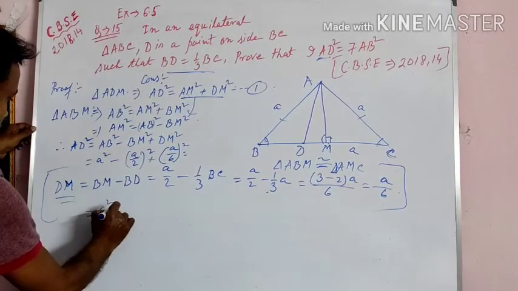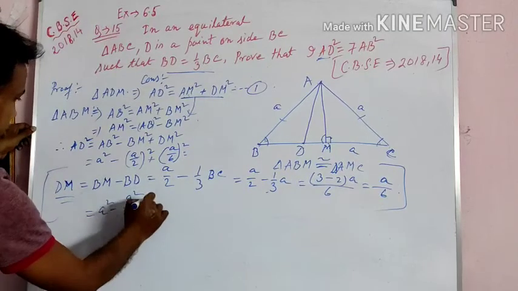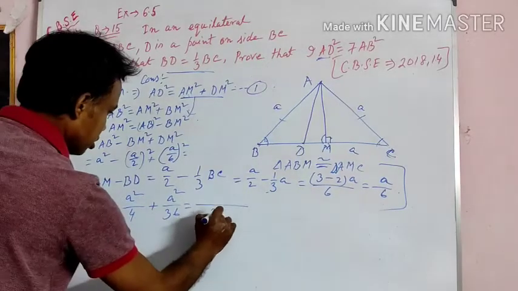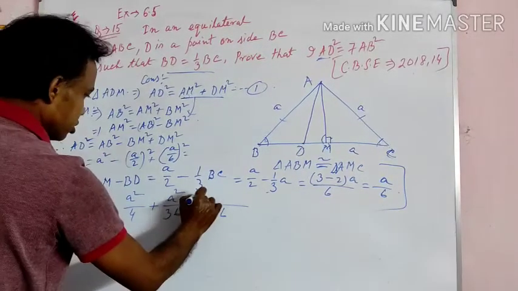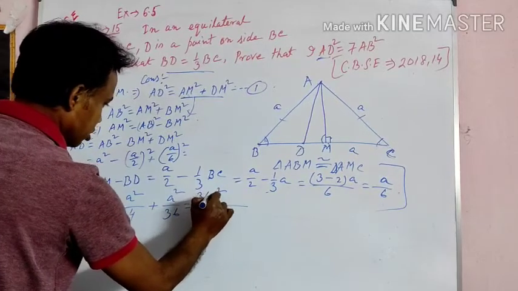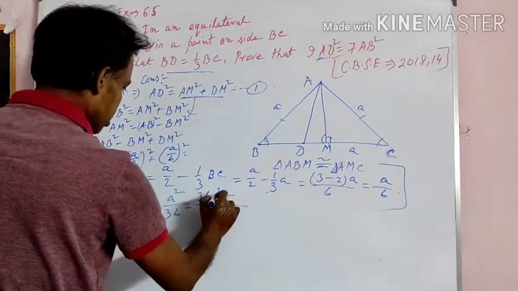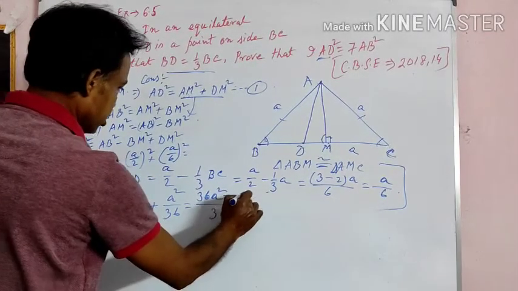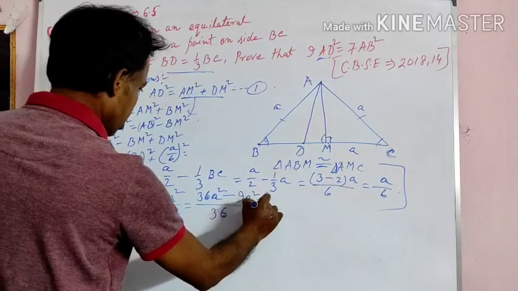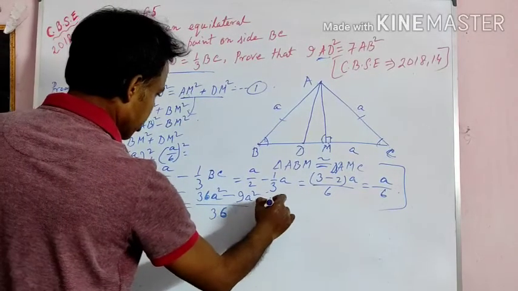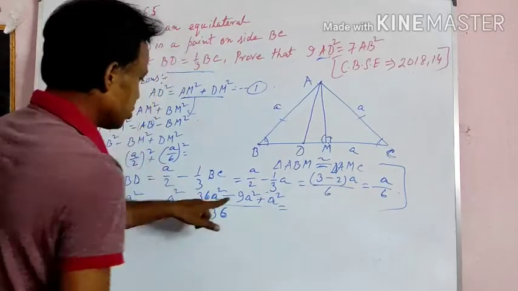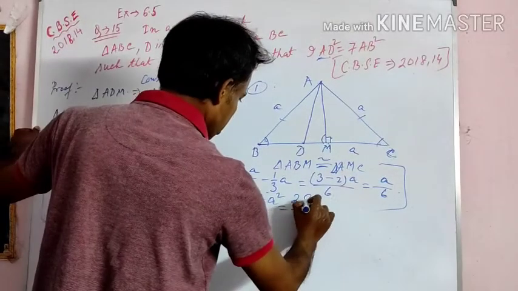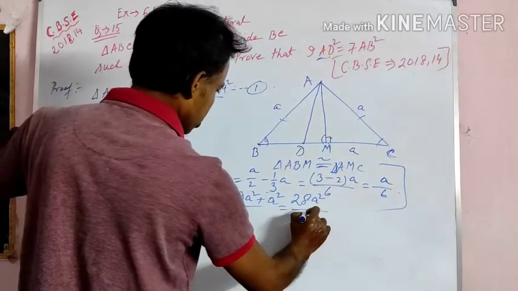A square minus A square by 4 plus A square by 36 is equal to, taking LCM 36, 36 A square minus 9 A square plus A square is equal to 28 A square by 36.